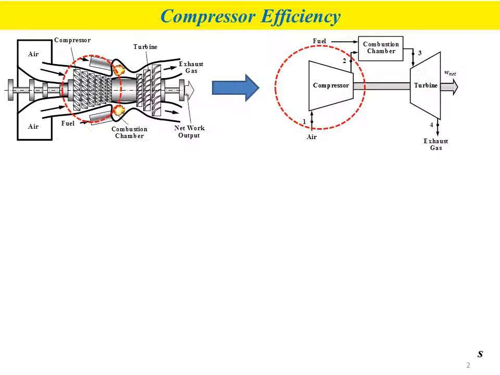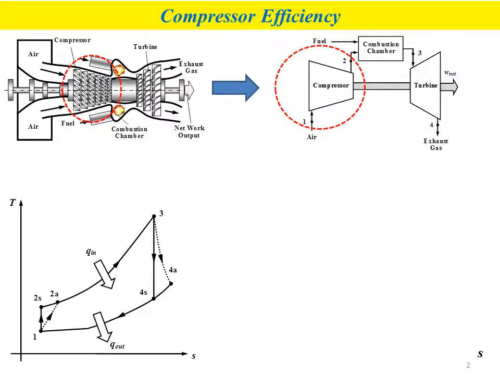The process involved for the compressor is the compression process, where we need to supply work into the compressor so that the rotor of the compressor will rotate in order to suck the fresh air from the surrounding through the compression process to produce compressed air before entering the combustion chamber.